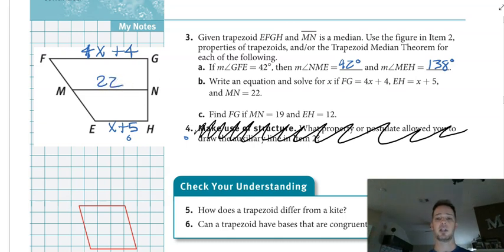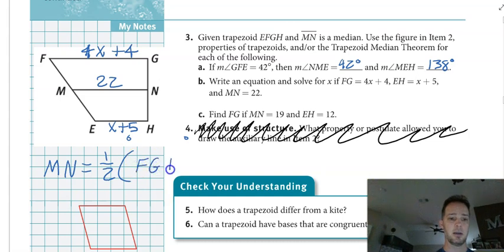All right. This one is a little bit more challenging, but what we just learned is that the median of a trapezoid is going to be the average of the two bases. So all I need to do is add up the two bases and divide by 2, and I'll find the median. Even if it's algebra expressions, I know that MN is going to equal 1/2 of the sum of the two bases, FG plus EH.